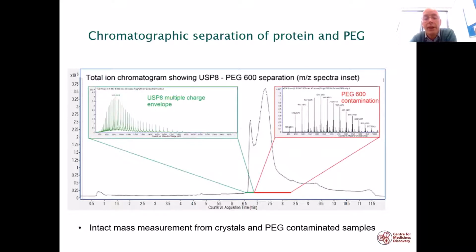And the protein is eluting first, and then the PEG is eluting afterwards. We have not achieved complete baseline to baseline resolution, but nevertheless, this is good enough, as you can see, to give us a good spectrum here, which will deconvolute nicely. And this is our PEG spectrum, which of course will not deconvolute because it's singly charged.